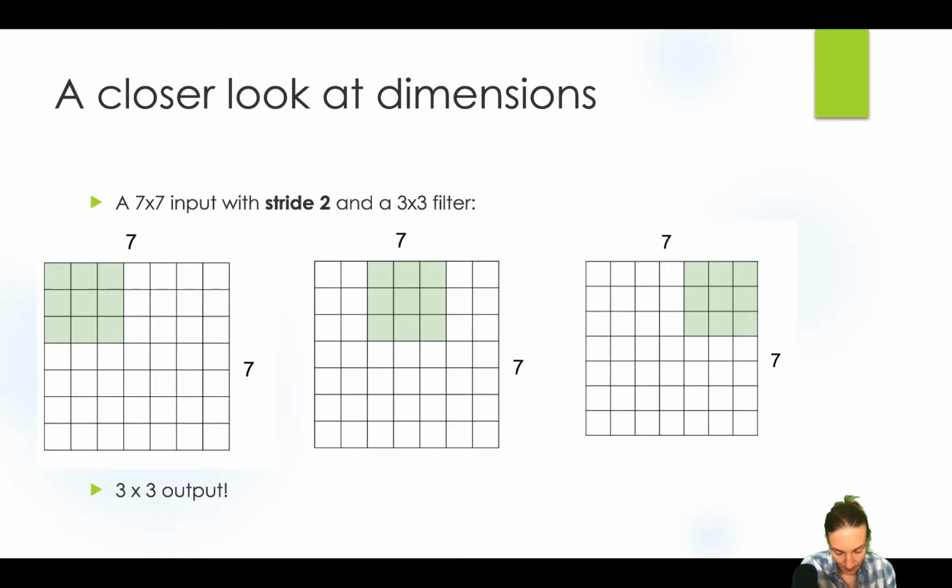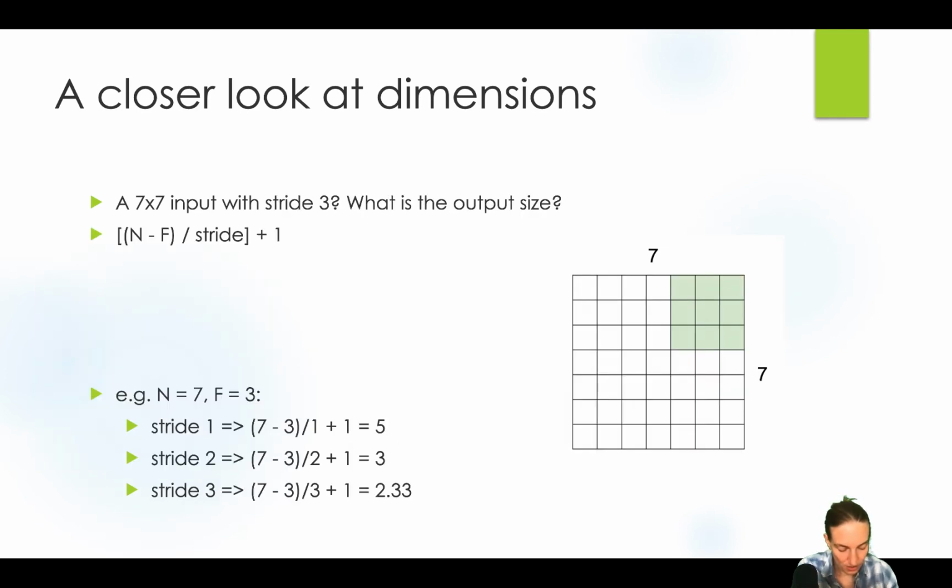Now, if we have a stride of 2, like a hop size of 2, that means we don't do this one. We immediately go to the next one. Then our output will be smaller. We'll have a 3x3 output. What if we have stride 3? What is the output size? Okay, so we start here. This is our first window.